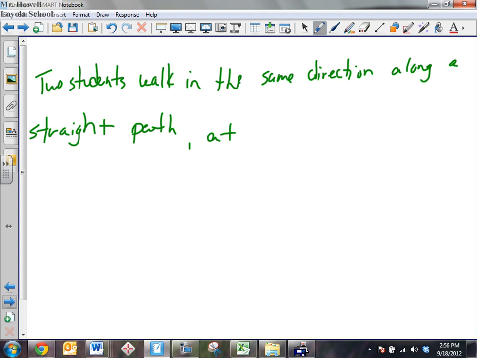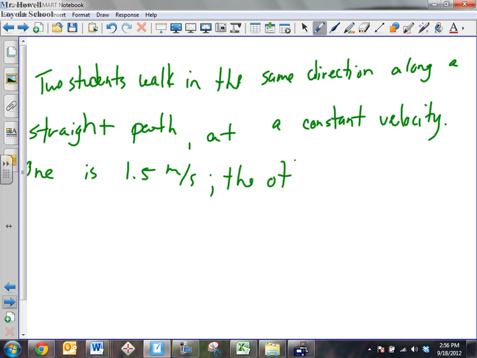At a constant speed, or let's say constant velocity, really. At a constant velocity. One is 1.5 meters per second. The other, 2 meters per second. Okay? So we have two objects or two students walking in the same direction along a straight path at a constant velocity. One is 1.5 meters per second, the other is 2 meters per second.